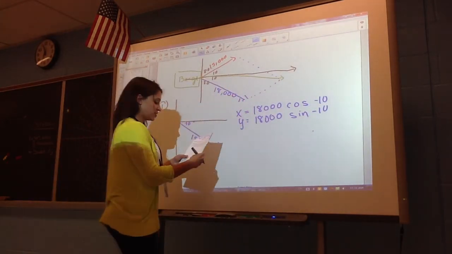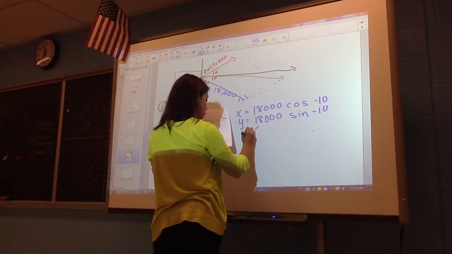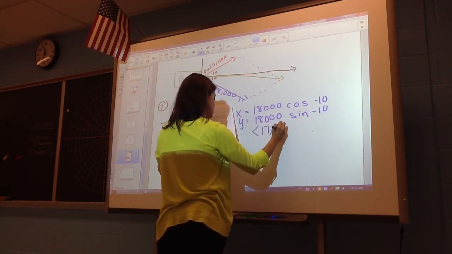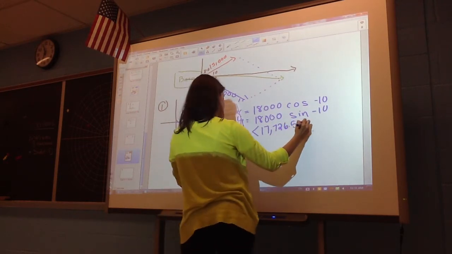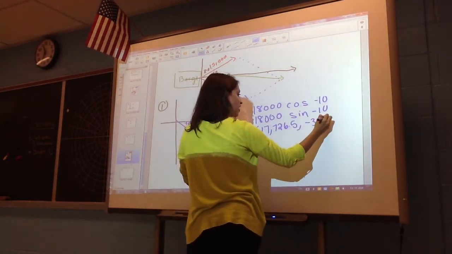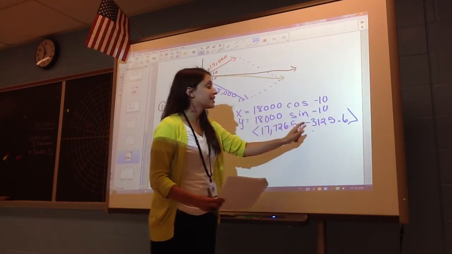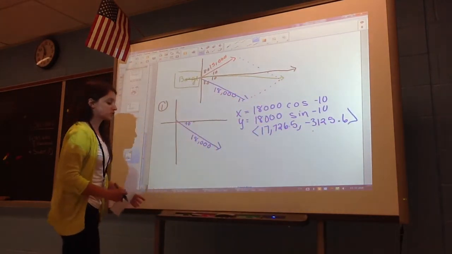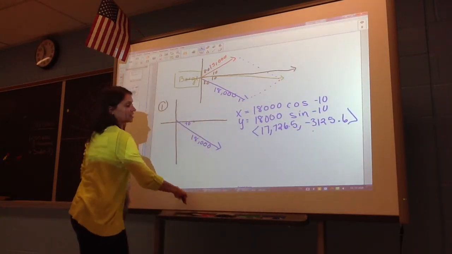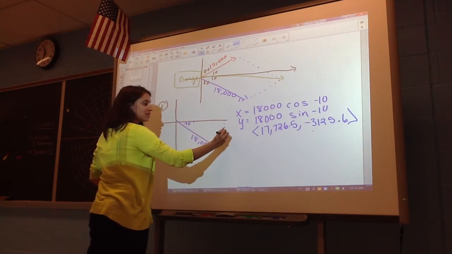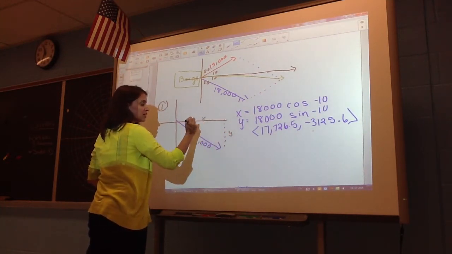When you calculate these, you can pause the video to calculate these, you will get 17,726.5, and then negative 3125.6. Now, this is negative because we are in the 4th quadrant. Our y value should be negative. If you make a little right triangle here, your y value is in the negative direction. Here's y, here's x.